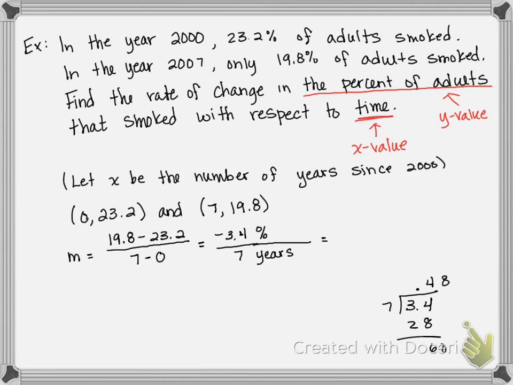So that's about 0.5. So we'll say negative 0.5% per year.